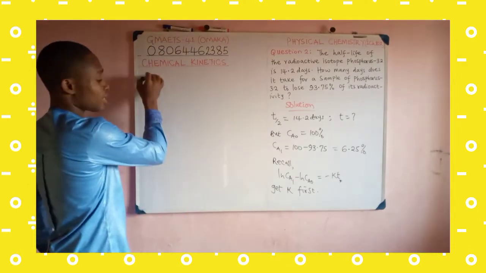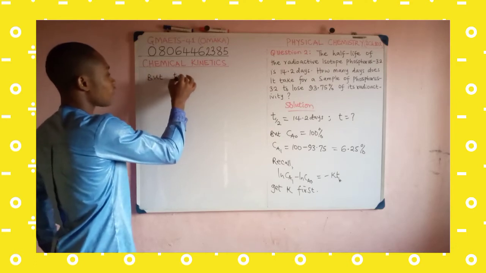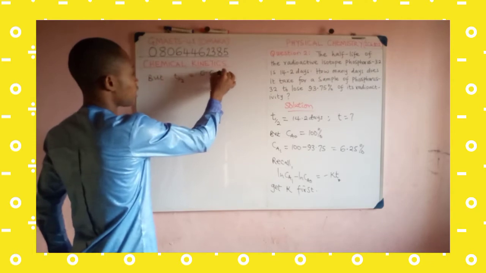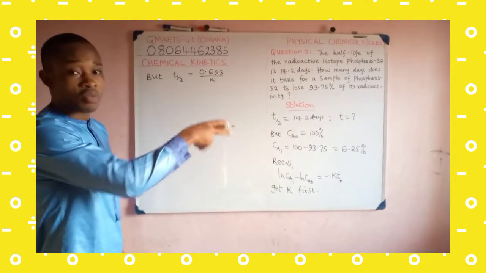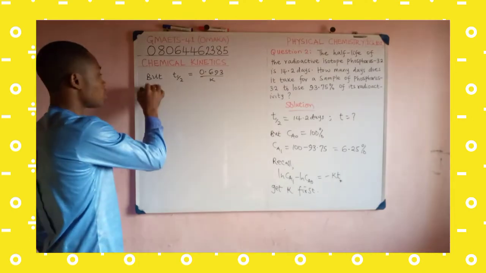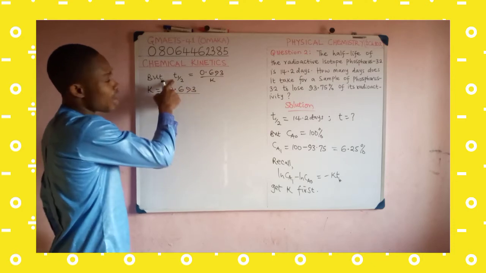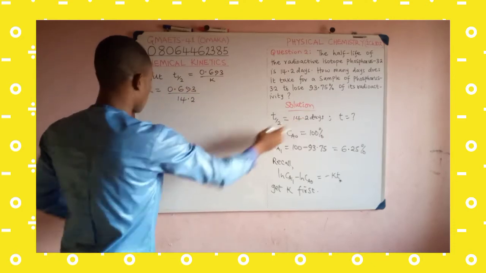So I'm going to say that t half, the half-life for first order, is 0.693 divided by K. I've told you why we are using first order to model this problem. It's a radioactive problem. So K is equal to 0.693 divided by half-life. And half-life is 14.2 days, given in the question.